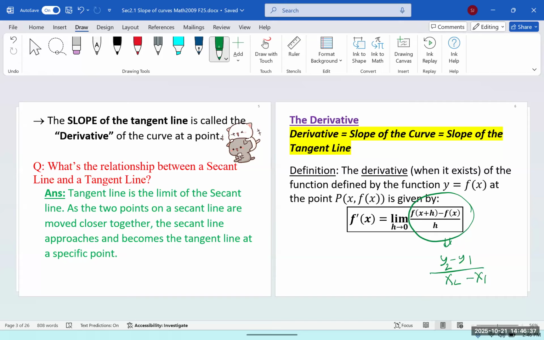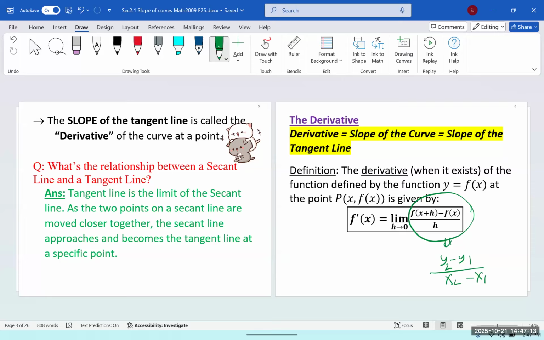But for the derivative, the curve doesn't have one fixed slope. At every point, it is a different slope. So the question is, how do you find the slope at every point? Instead of having one fixed equation like y2 minus y1 over x2 minus x1, we get one equation that will give you the slope at any point anywhere on the curve.